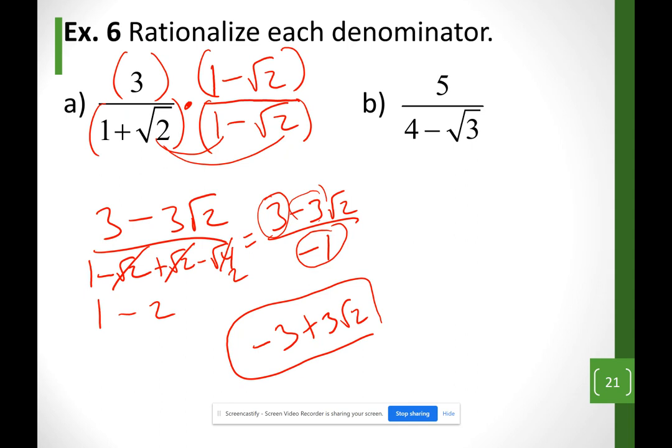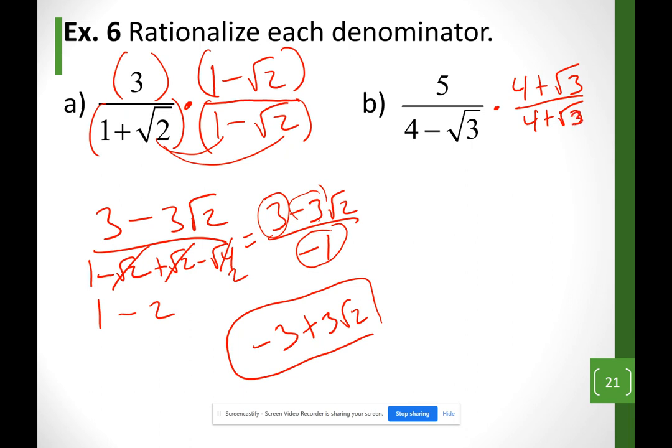You don't have to get rid of the fraction, I just got rid of the fraction because there was a 1 at the bottom. Now in this case, for example, B, let me multiply top and bottom by 4 plus radical 3. Notice that I switched the sign from the minus to a plus.